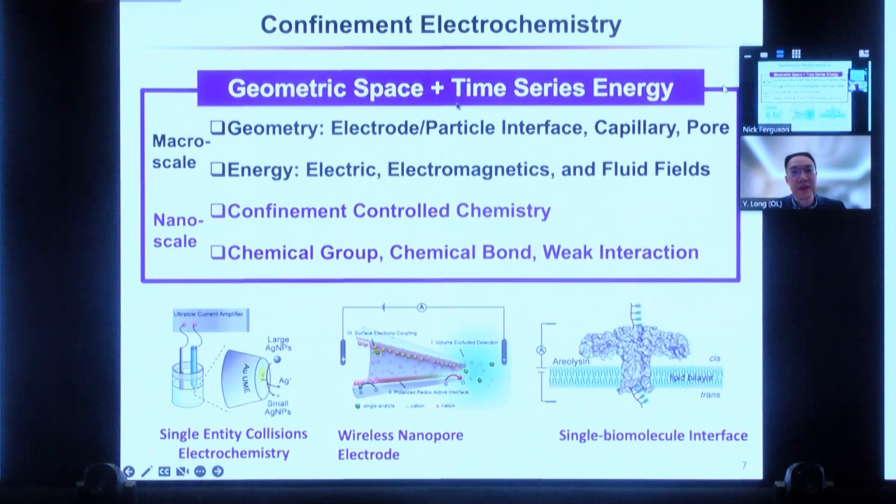We call this confinement effects. For the nanoscale, the energy will come to the chemical bonds, chemical groups, and the weak interactions such as hydrogen bonding interactions, the network. We can control that biochemically.